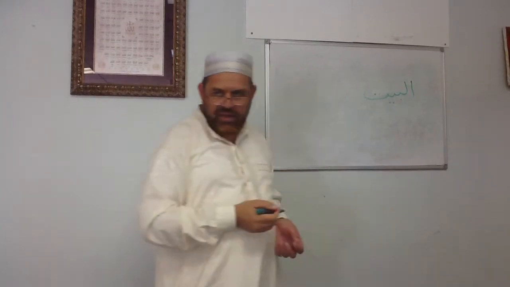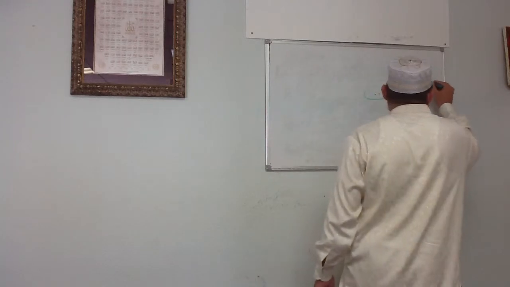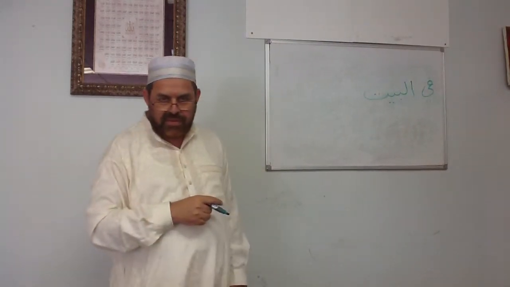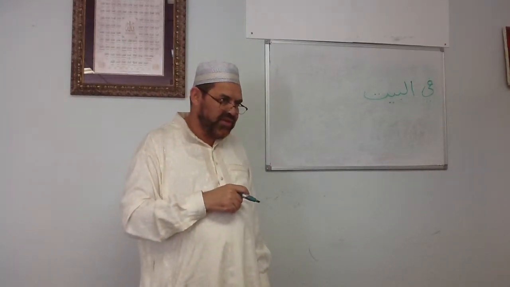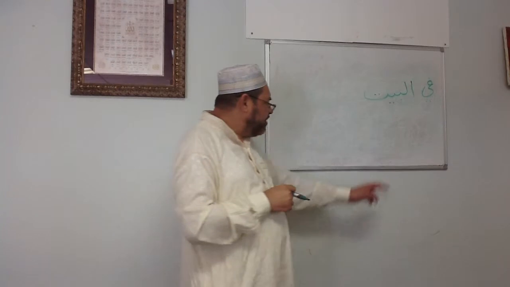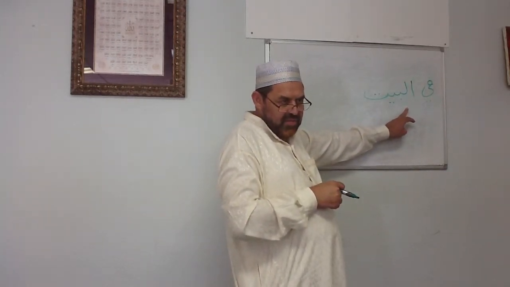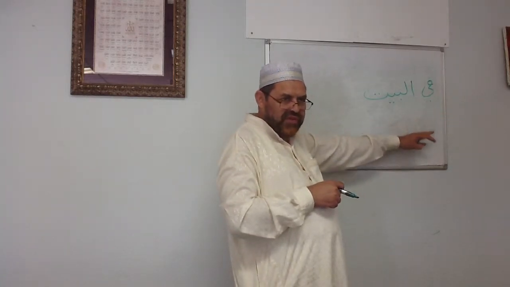This is al bayt, the house. But what if I bring fi before that? How do you say now? Fil bayt. We do not say fi al bayt. The original sound of this word was al bayt, but when you bring a word before that, it becomes fil bayt.